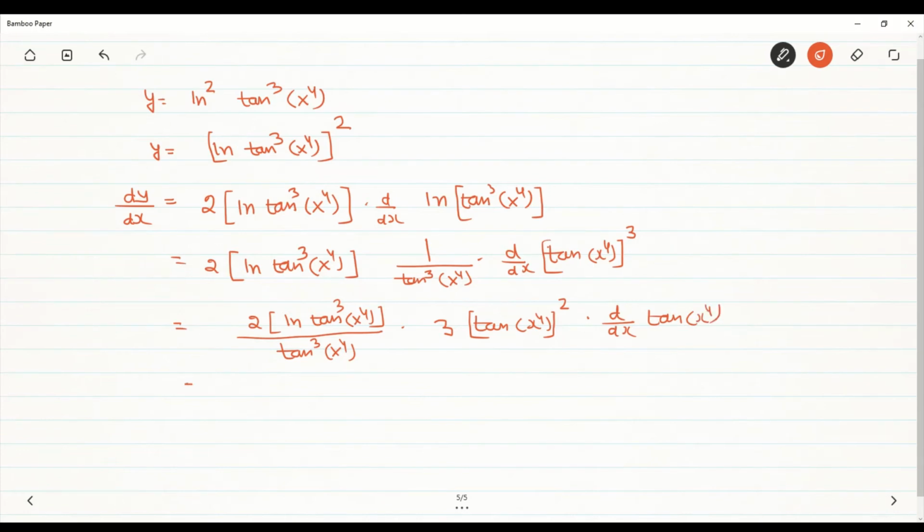If I write the entire thing once again, it is 2 times ln tan cube x4 divided by tan cube x4 times 3 tan x4 and then the whole square as it is. This will remain as it is because we have to differentiate the other part.